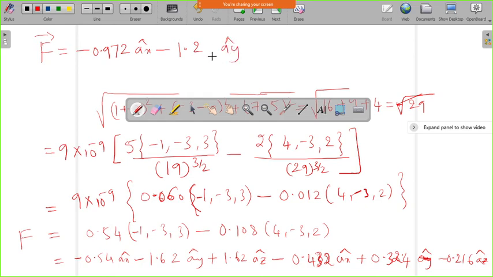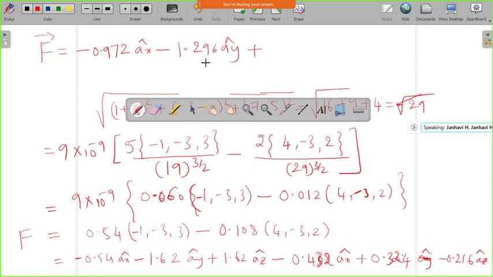What is the other decimal? 1.62 minus 0.216. What is the second value in the AY direction? Minus 1.296. Yes, sir.